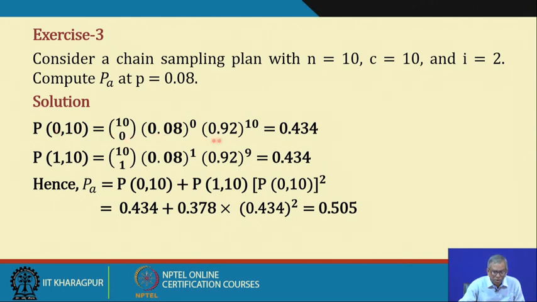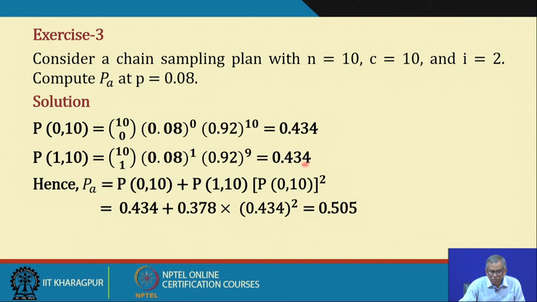This is the probability of acceptance if out of 10 units you inspect, 0 are found non-conforming. You assume the binomial distribution. So it is 10C0, 0.08 to the power 0, 1 minus 0.08, that is 0.92, to the power 10, where 10 is n. So this is 0.434. And what is the probability that out of 10 units, 1 unit is found non-conforming? That is 10C1, 0.08, the incoming lot quality, to the power 1, times 0.92 to the power n minus 1, that is 10 minus 1, that is 9.